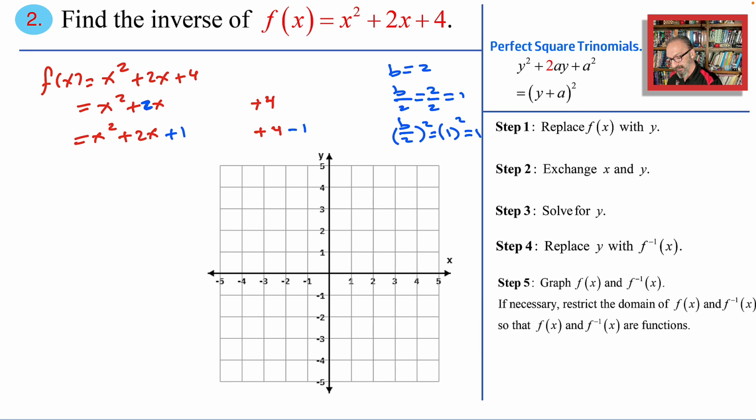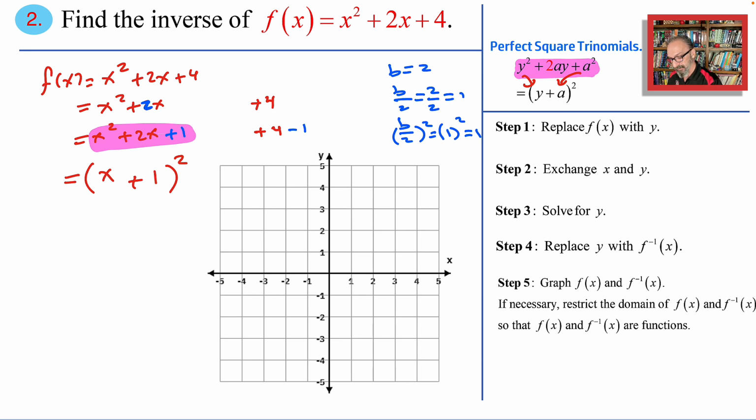Now what's happening is the following. This right here is a perfect square trinomial. That could be rewritten as a perfect square. y squared comes down to y, a squared comes down to a, x squared comes down to x, and 1 squared, or 1, comes down to 1.